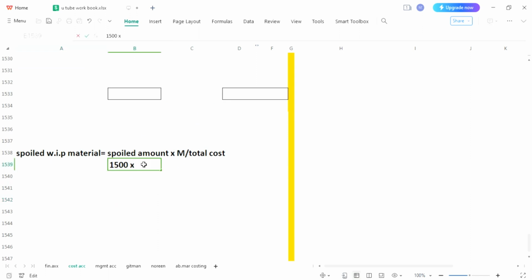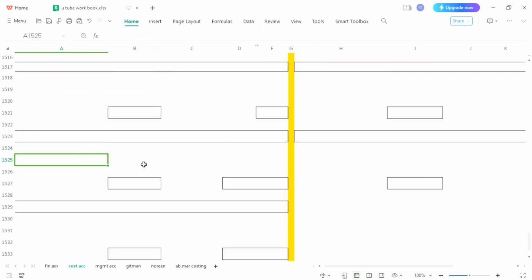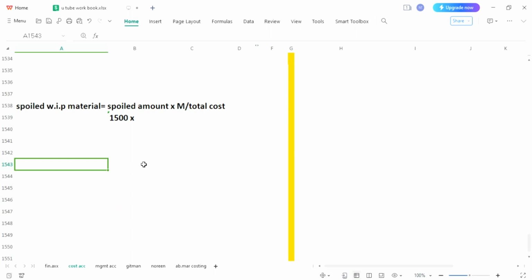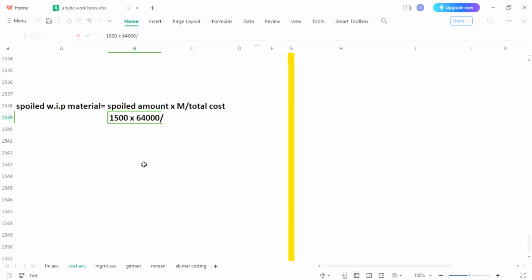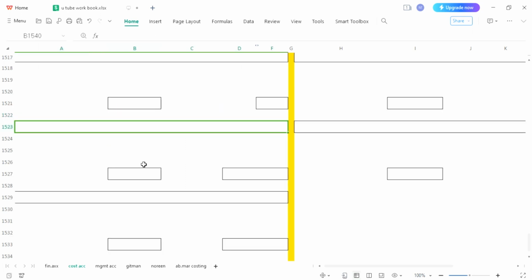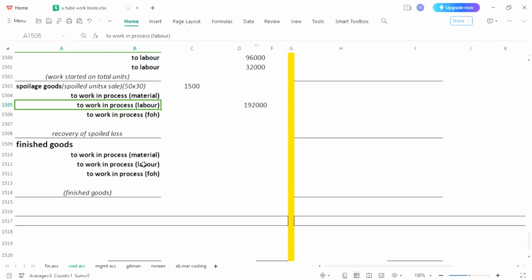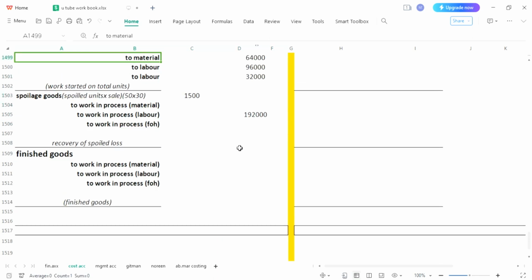So your capital M is 64,000, and you will divide it by 192,000, which is the grand total. How did you get this grand total? You have summed up all these three amounts present in the first entry. The sum of these amounts was 192,000.